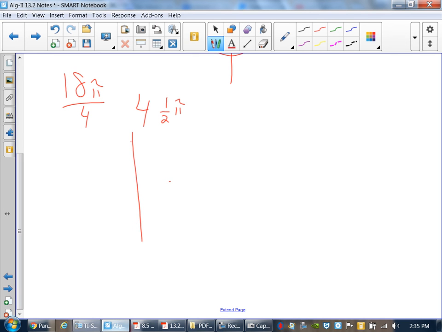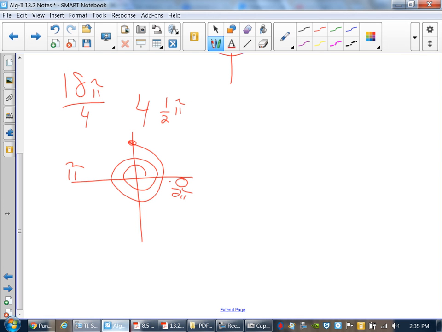This is 0, this is pi, this is 2 pi. 1, 2, 3, 4. Where's half? So, actually placing angles in radian measure is really easy because all you're doing is moving things around in terms of pi. You're counting mixed numbers.